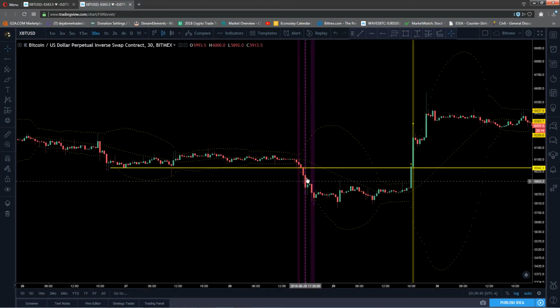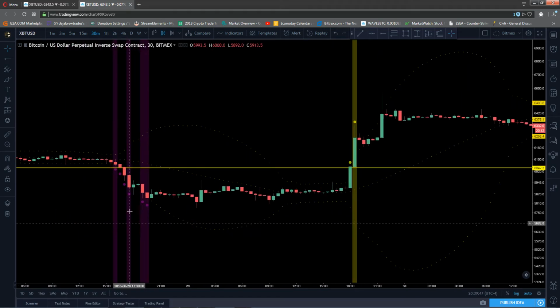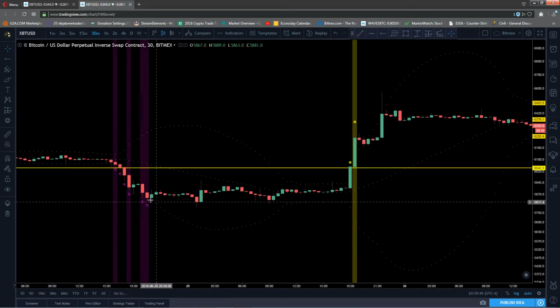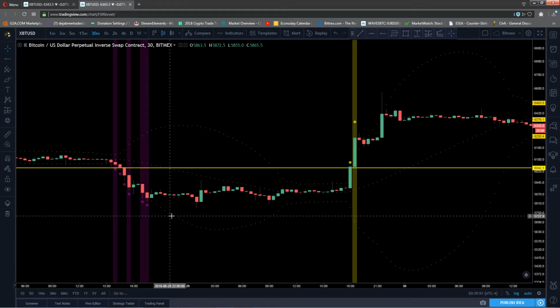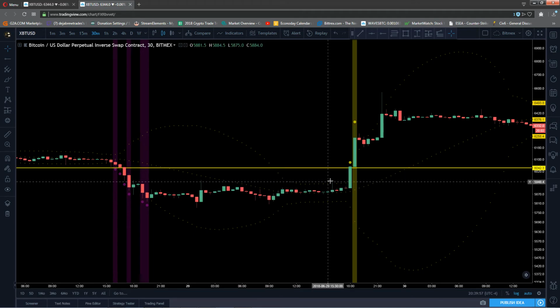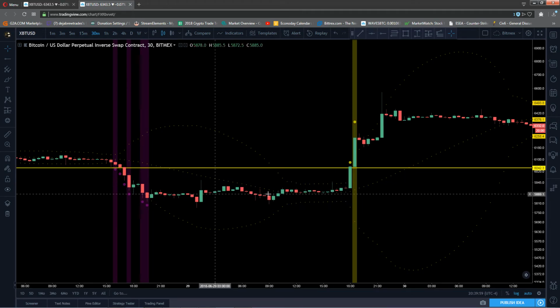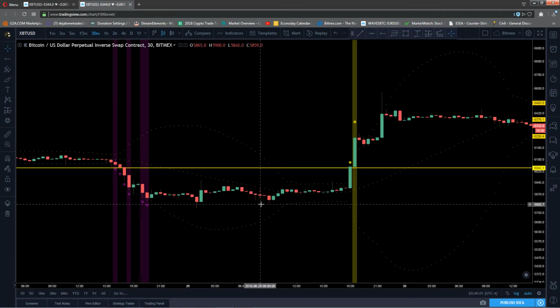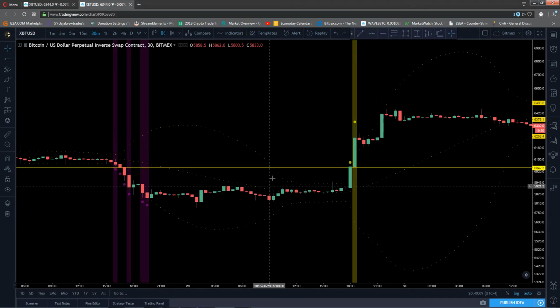If you would have waited for kind of a sideways action, you could have taken it and then put a tight stop loss below the band or below the last price move down. You could have targeted the mid band or the upper band, and this one would have worked. But like I said, you want to wait for validation, wait for price to find a bottom or start to go sideways before you trade these divergences.